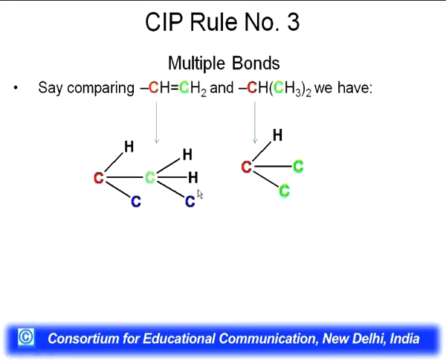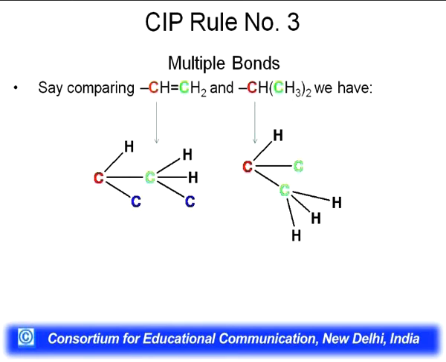So this blue carbon comes into picture once again, and we get H, H and C in this set. Now when I compare it with this, any of these are both methyls. So we are not going into the cases where there would be two different groups.